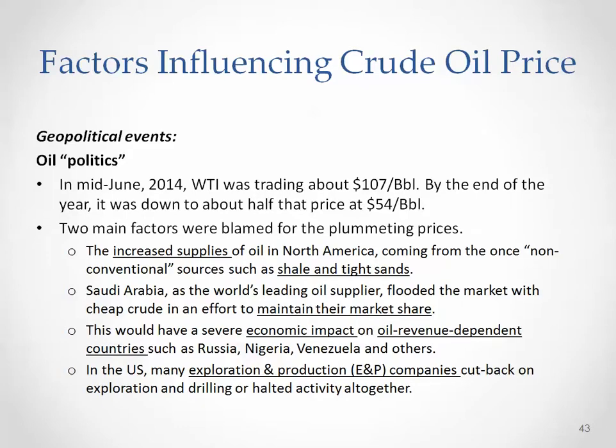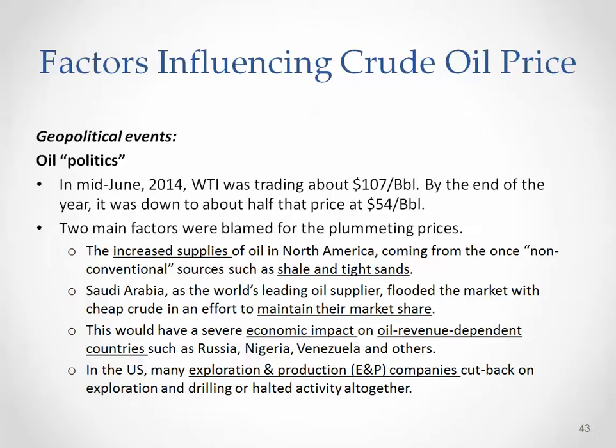For example, in mid-June 2014, the WTI, West Texas Intermediate, crude oil price was about $107 per barrel. And at the end of that year, it went down to around $54 per barrel. We can explain this price behavior with two major factors.